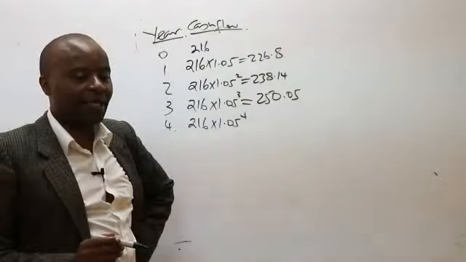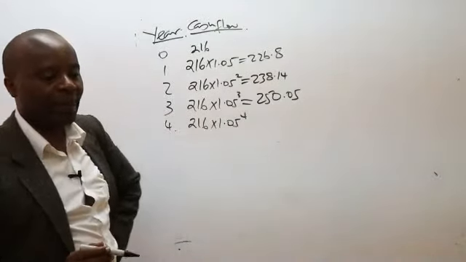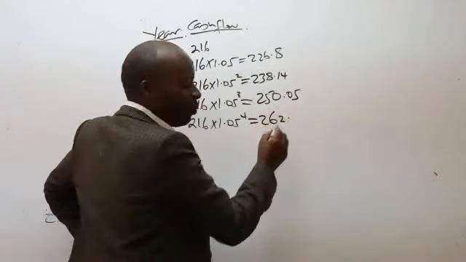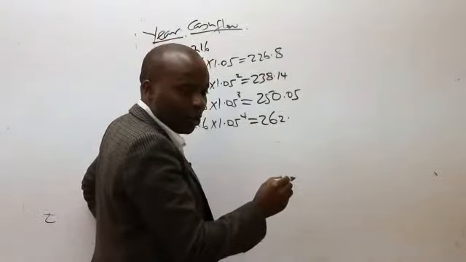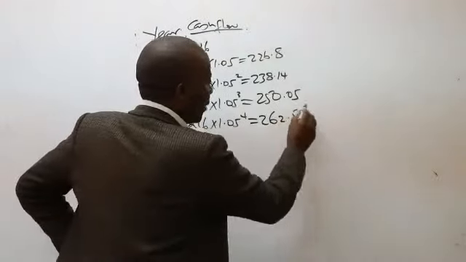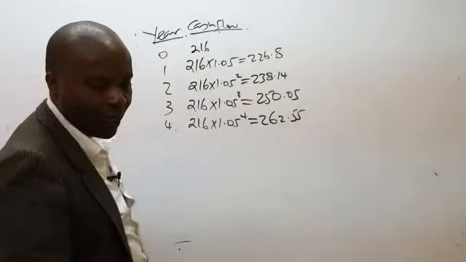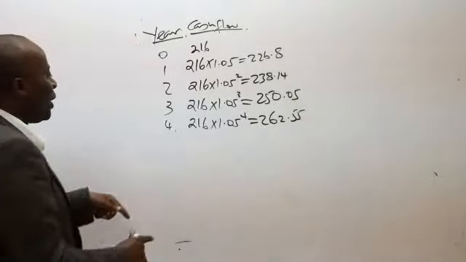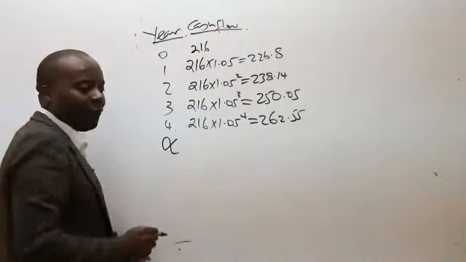And then Alice finishes this with year number 4, which is 262.55. And ladies and gentlemen, after the 4th year, we enter into the infinity.